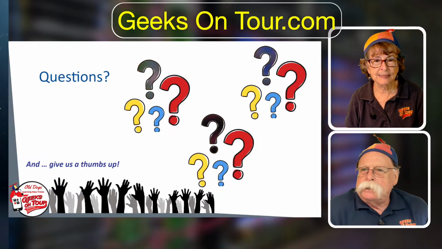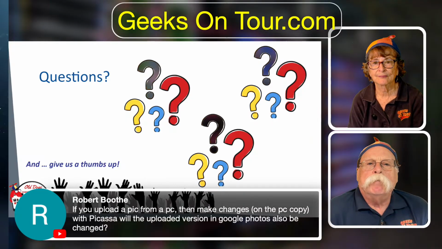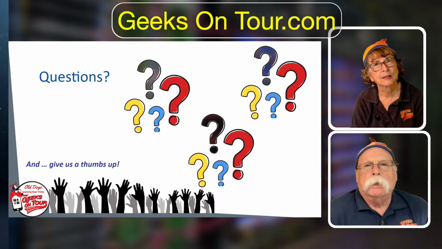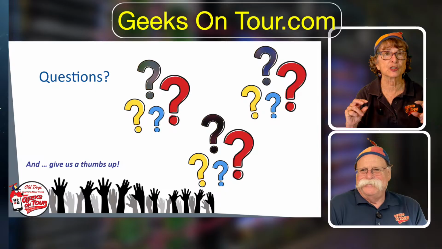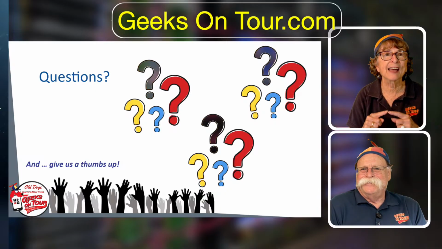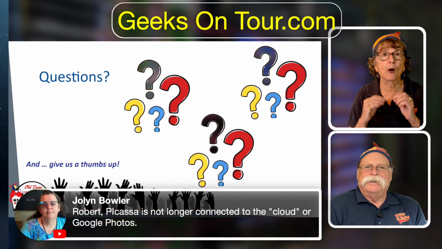Any more questions? I saw one more come in. Okay, Robert: if you upload a pic from a PC, then make changes on the PC copy with Picasa, will the uploaded version in Google Photos also be changed? He spelled Picasa wrong. It definitely will not be changed, because your computer is not a synced device with Google Photos Cloud.